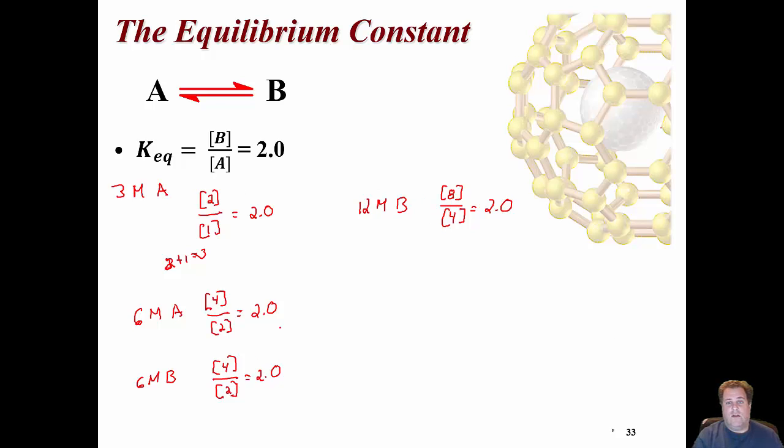Notice how these final concentrations are different depending on what we start with, but it doesn't matter if we start with B or start with A. This value of K, or that ratio, always has to be the same. And so that's the beauty of K, and the importance of K is to get us that information.